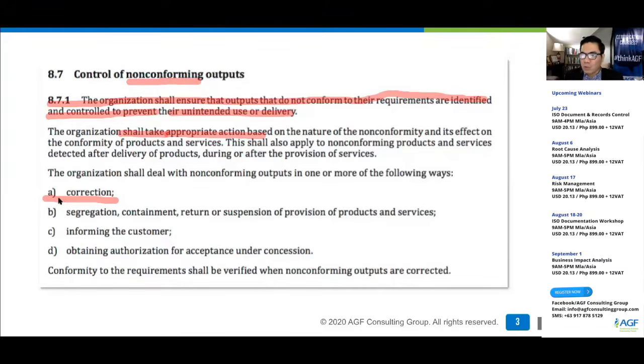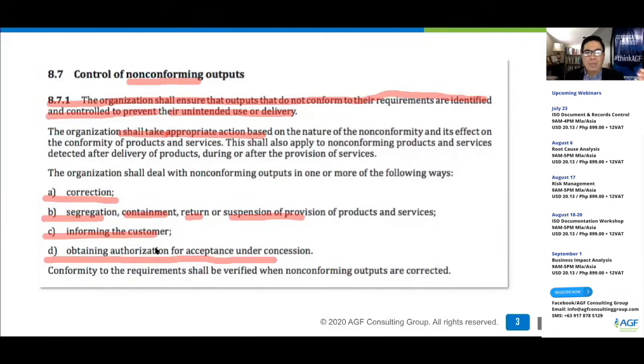So you correct it, you segregate it, you contain it so that it's not used, or not delivered if you're a product-oriented organization, or you return it, or you suspend the service, and then you inform the customer that there's something wrong with the product or the service, or there's an error in the report that we gave you, if you're issuing certification. And of course you obtain authorization for acceptance, that they're accepting the correction.